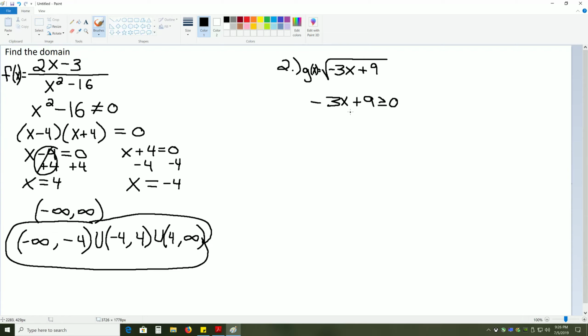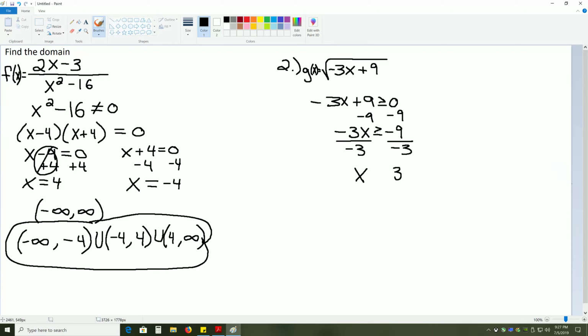So if we begin solving for x, we'll subtract the 9 from each side to get negative 3x is greater than or equal to negative 9, and then dividing each side by negative 3 to get the x alone, we'll get x and positive 3. Negative 9 divided by negative 3 is positive 3.